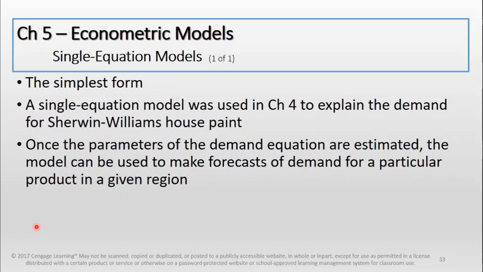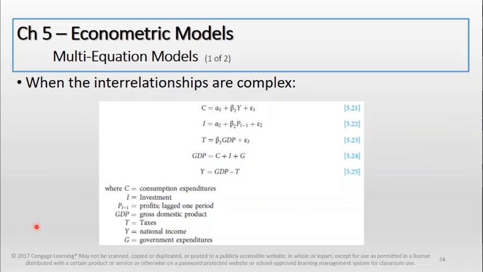We talked about the price, the income, and the promotional expenditures. Once the parameters of the demand equation are estimated, the model can be used to make forecasts of demand for a particular product in a given region. Another one is the multi-equation models.